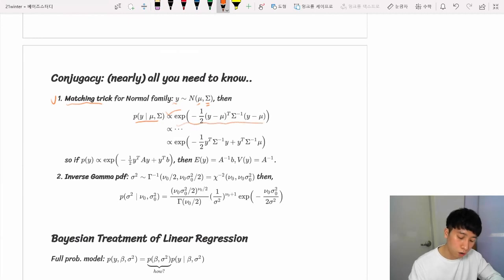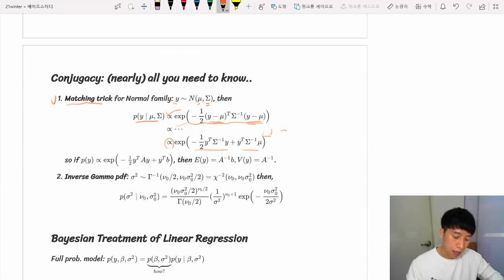And if you disentangle this parenthesis, then you get some terms like this. Of course, you have something else right here, but we have just disregarded that with this proportional-to symbol.